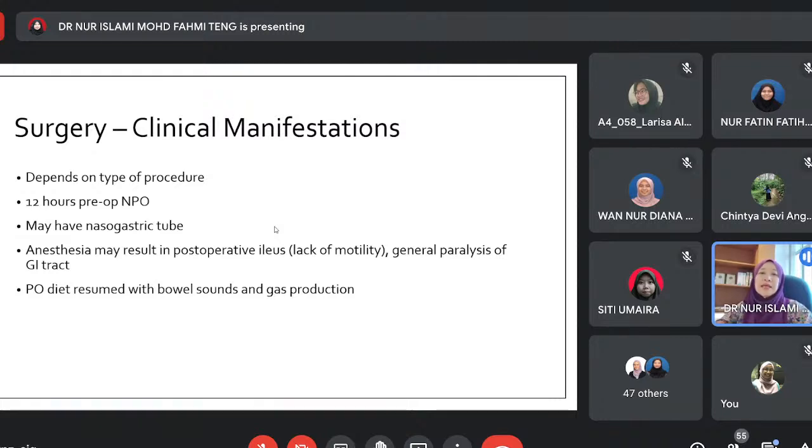So the diet will resume with bowel sounds and also gas production. Sometimes the indication is that the patient can eat once they have passed gas and opened their bowels, then we start feeding. So this is the clinical evaluation and the traditional method of managing surgery patients.